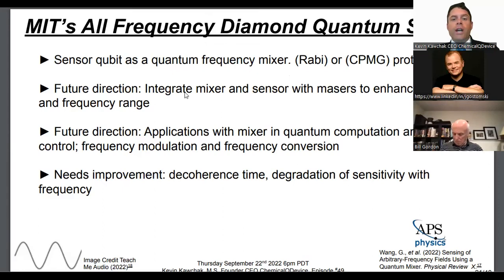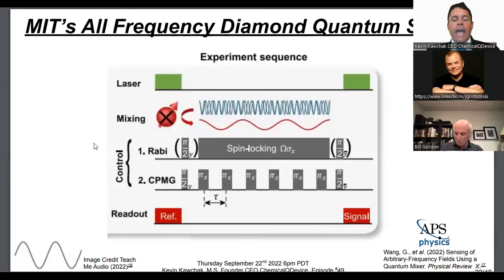Now, their future direction is to integrate their mixer and sensor with masers, which I believe are microwave lasers, to enhance sensitivity and frequency range. And again, a lot of these things are continually being developed around the diamond itself. And like with anything, it needs improvement.